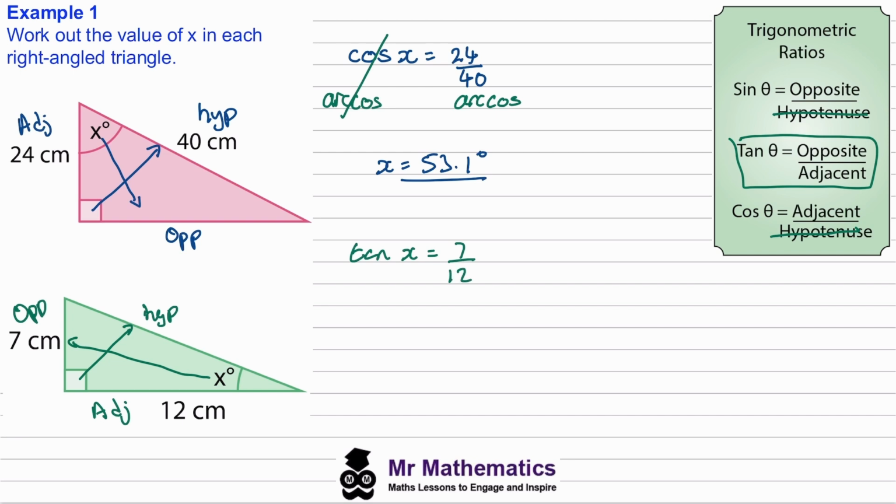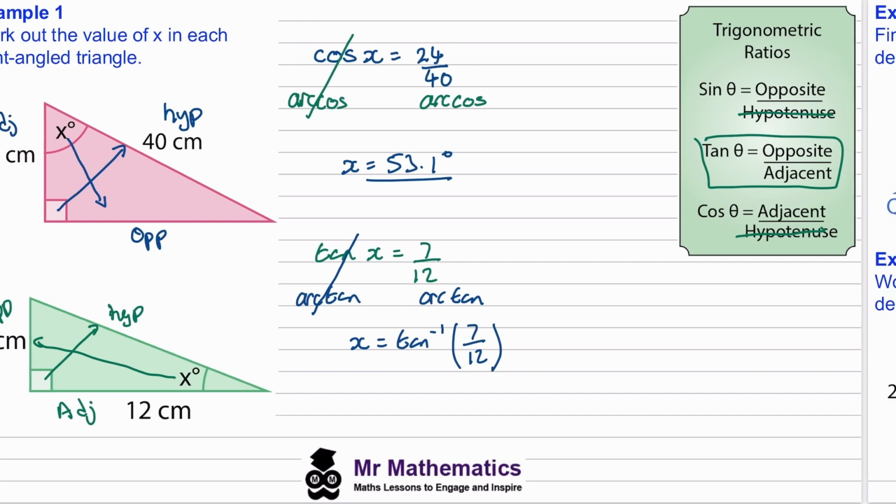Then what do you think we need to do to both sides now to cancel out this tan? So we need to take the arc tan of both sides. And then the tan and the arctan will cancel. So x will be the arctan, and on our calculators, this looks like tan to the negative 1 of 7 over 12.